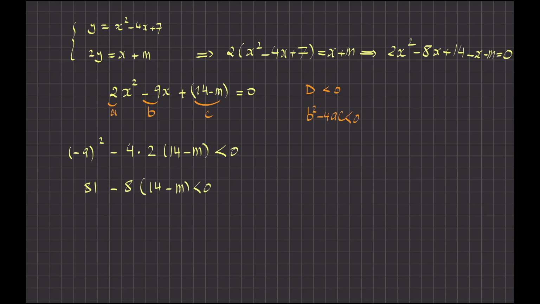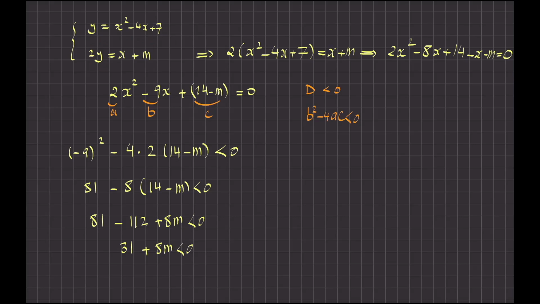So I multiply 8 in, so it becomes 81 minus 8 times 10 is 80, 8 times 4, 32. So it's minus 112 and then plus 8m is less than 0. 81 minus 112 is 31 plus 8m should be less than 0.